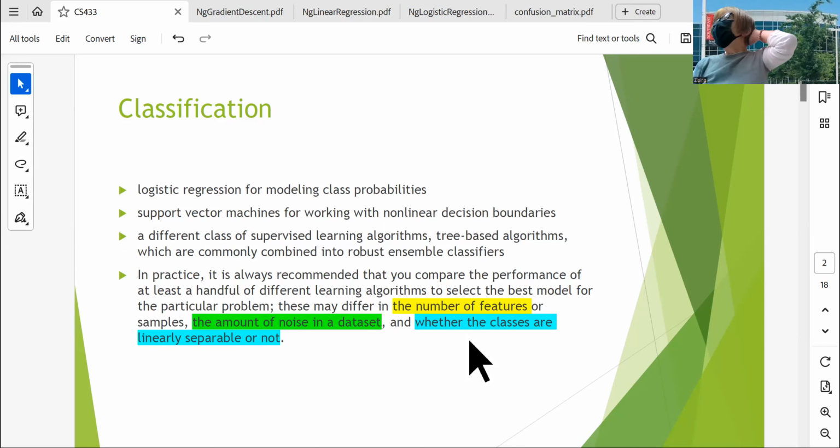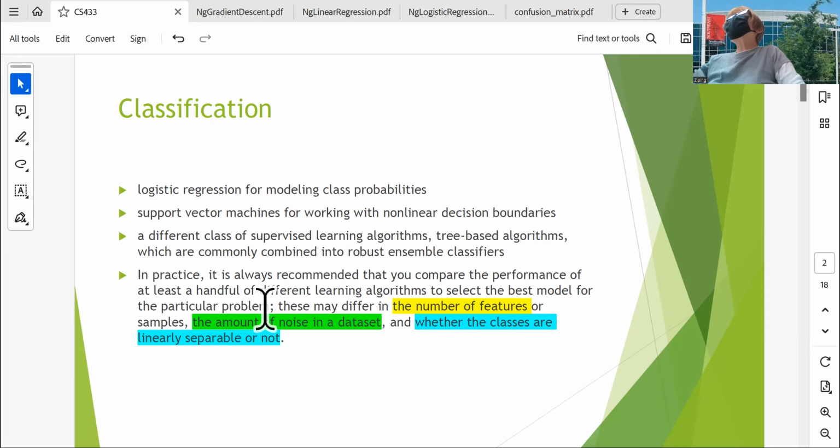And after we learn some of the algorithms, for classification in practice it's recommended you compare the performance of a handful of different learning algorithms, then select the best model for your future.